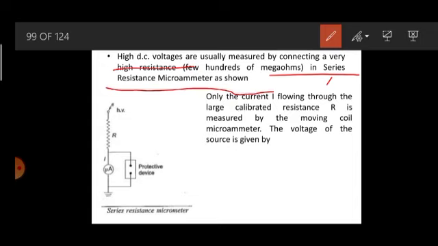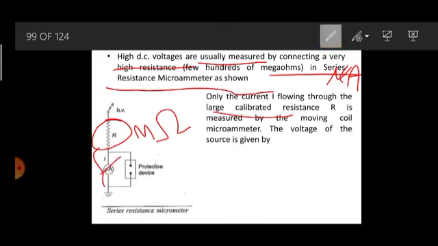So, as shown here, to measure high voltage DC, we connect a very high resistance in the range of mega ohms in series with the micrometer. Only the current I flowing through the large calibrated resistance R is measured by the moving coil meter.